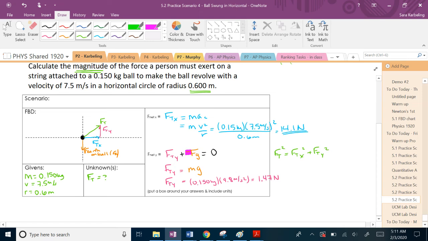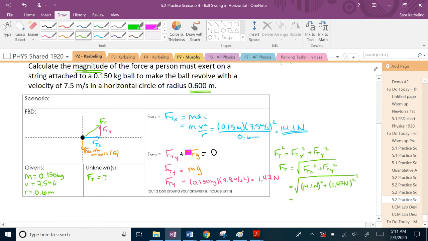A squared plus b squared equals c squared. So then we can use that to say that Ft is equal to the square root of Ftx squared plus Fty squared. Plug in some numbers, so that's going to be 14.1 newtons squared plus 1.47 newtons squared.